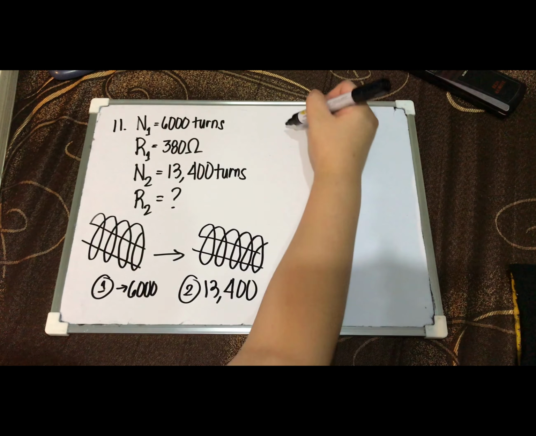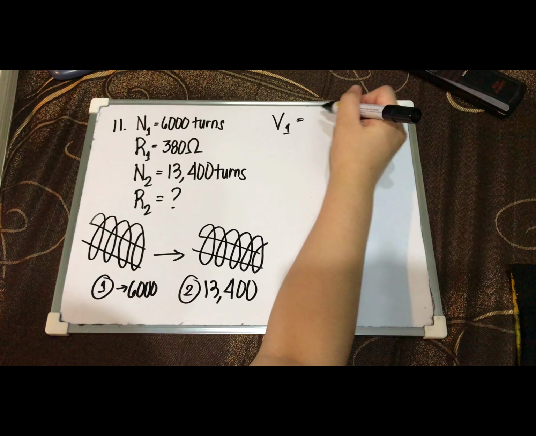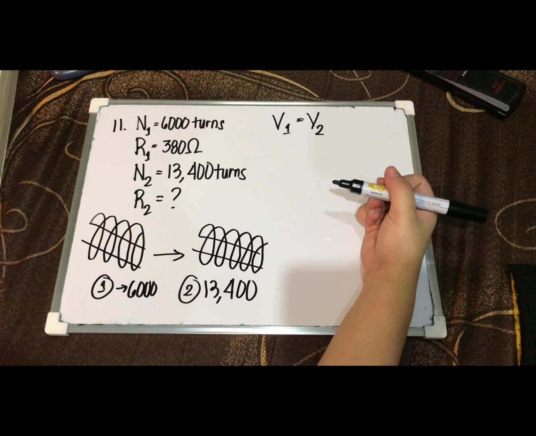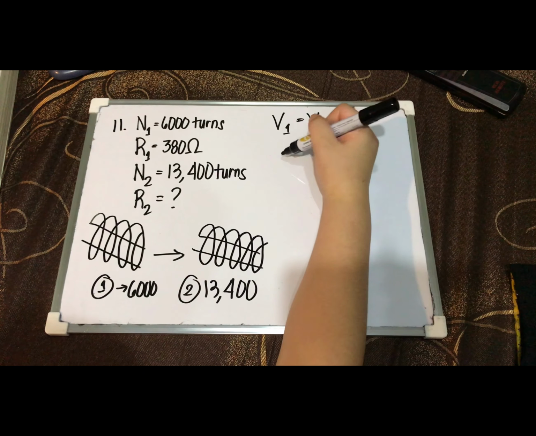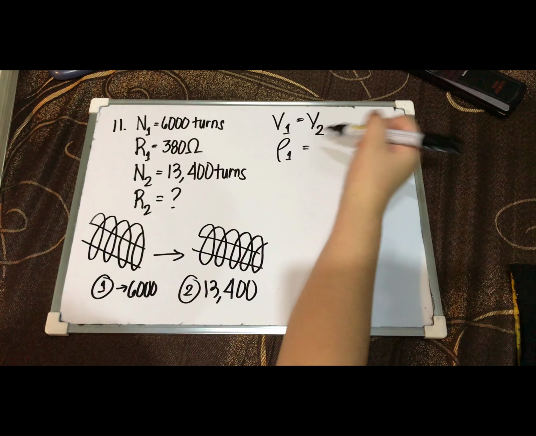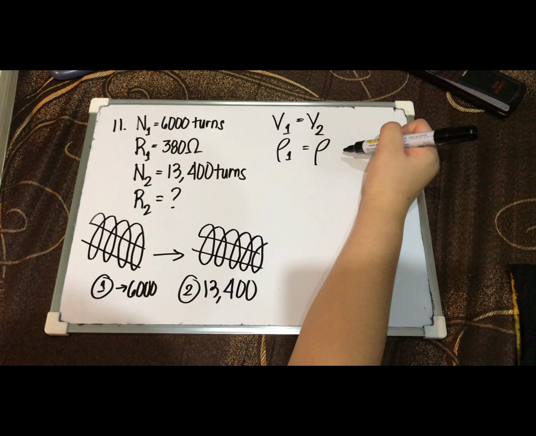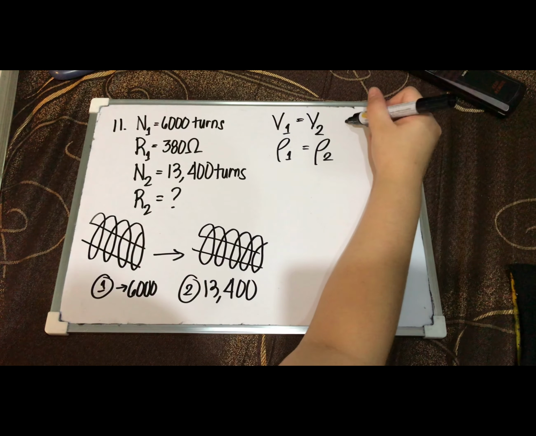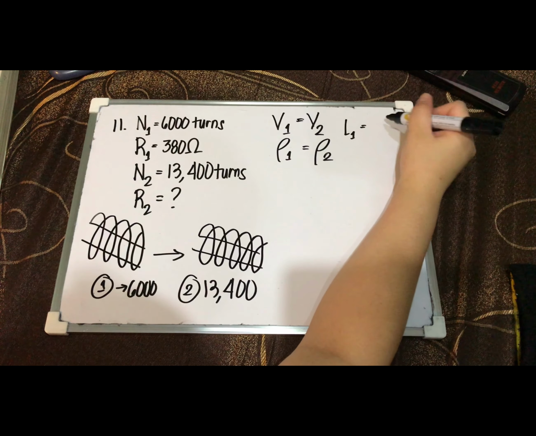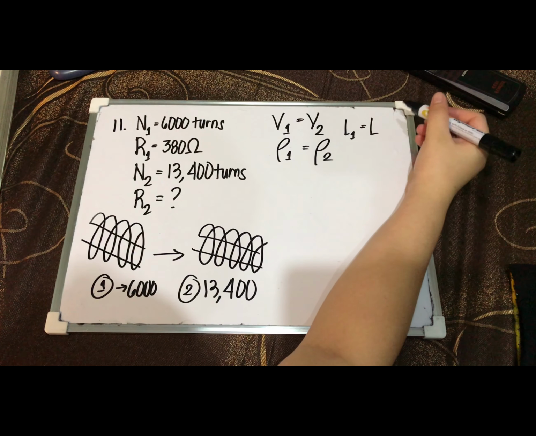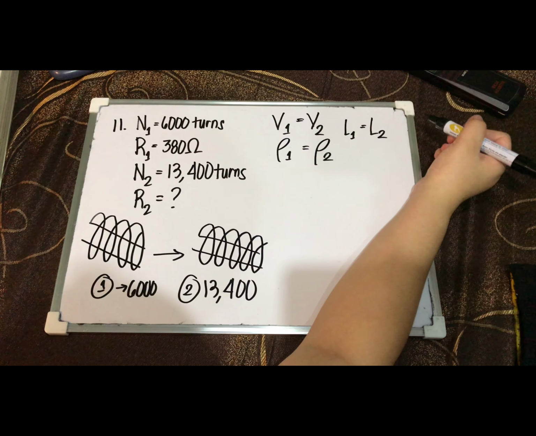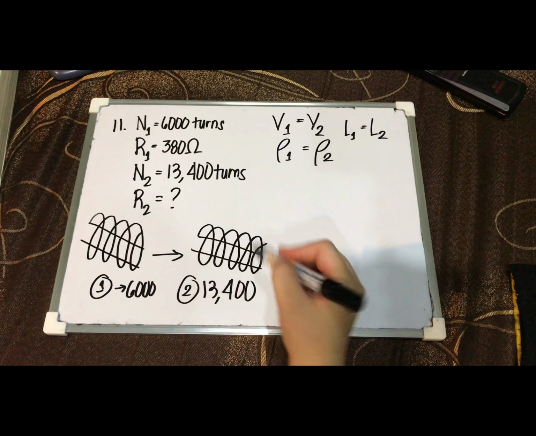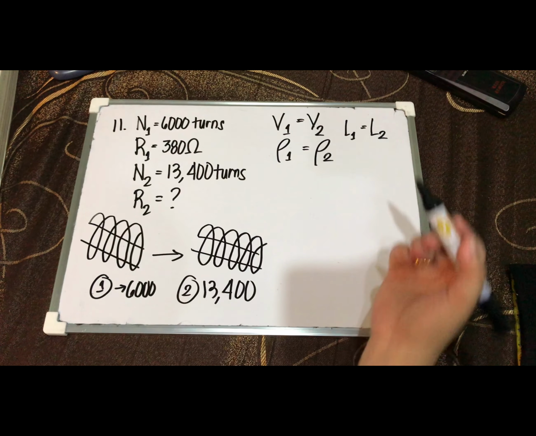So, we assume that volume 1 is equal to volume 2. And, take note na same material. So, ang specific resistance niya nung una ay equal din sa specific resistance nung ikalawa. I-assume din natin na ang length nung una ay equal lang din dun sa length ng ikalawa. So, ang pinagkaiba lang nila, yung length per turn. Kaya nabago yung turns number.